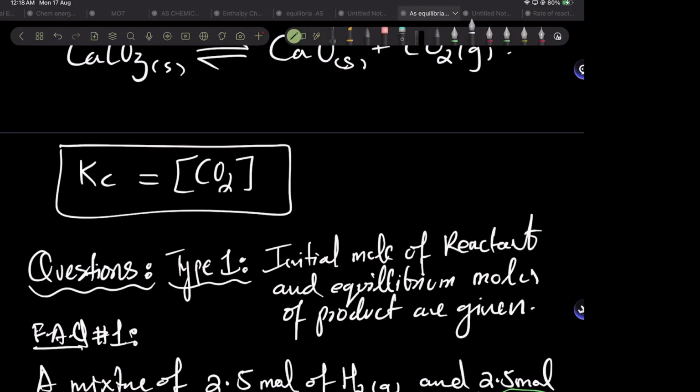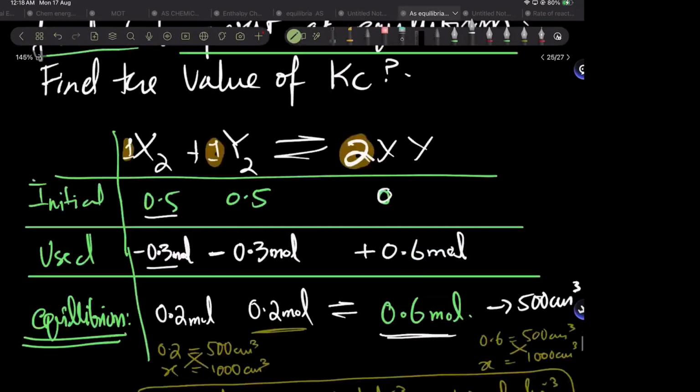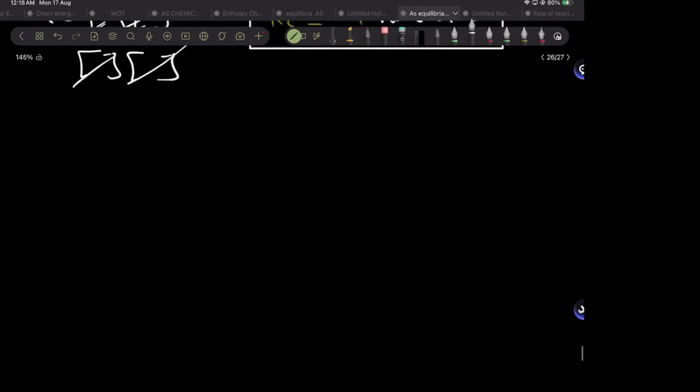And then you have to make all the ratios in order to find out how many moles will be used, how many will be left at the end for the reactant at equilibrium, and how many moles of the product are present at the equilibrium. Are we clear with this type of question? Yep.